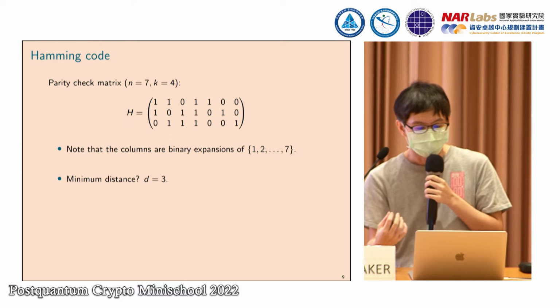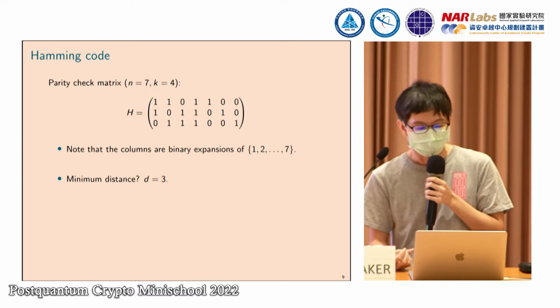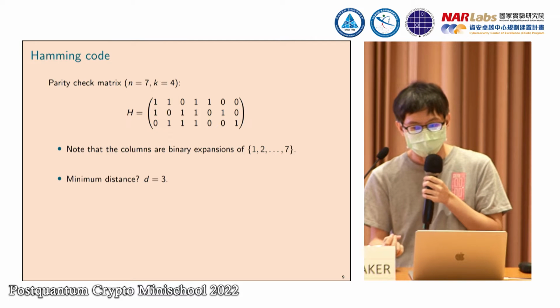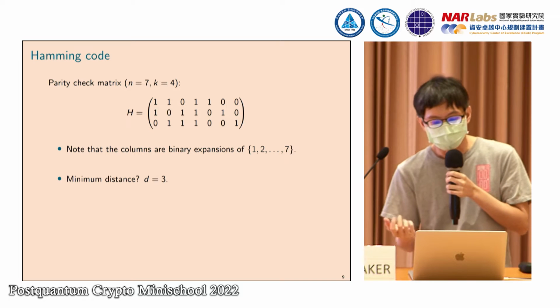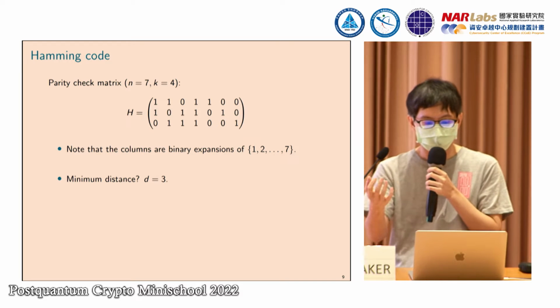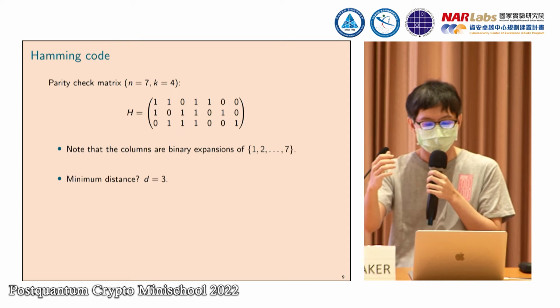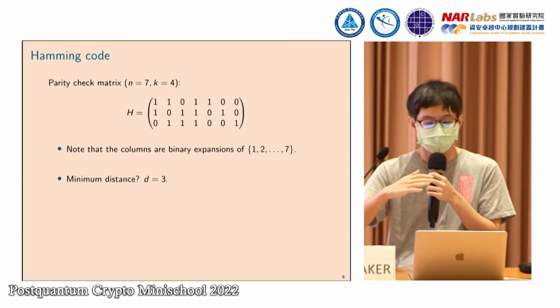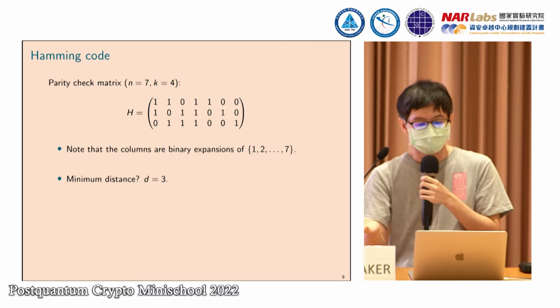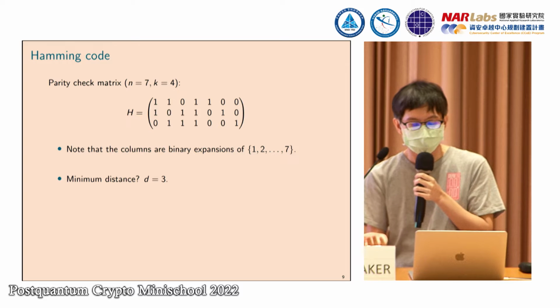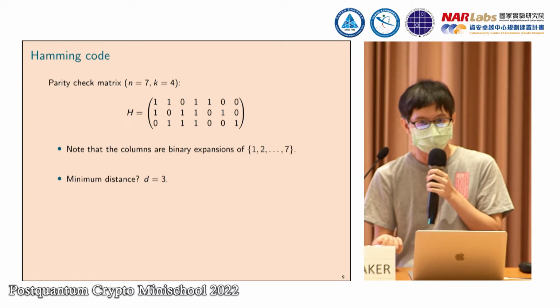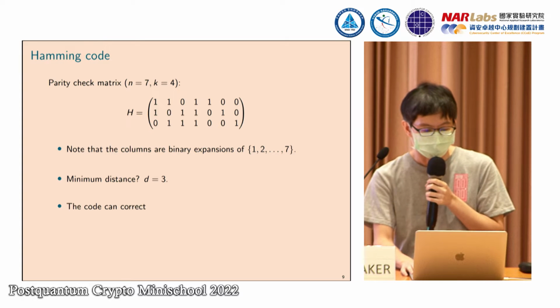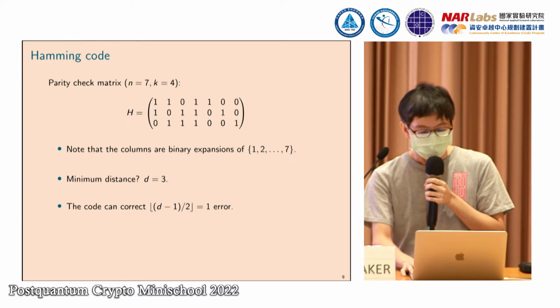And then thinking about my previous slide, in this case, how many errors can we correct? The value t needs to be smaller than d over 2, and d over 2 is 1.5. So at most, you should be able to correct just 1 error.